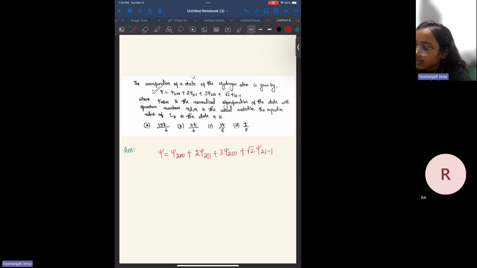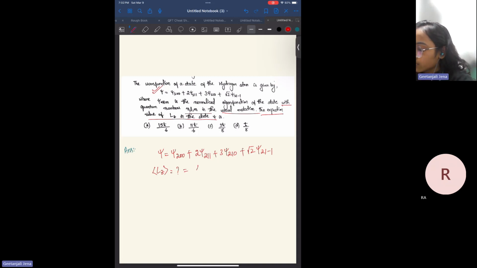And it is given that psi NLM is the normalized eigenfunction of the state with quantum numbers n, l, m in the usual notation. Now it is asking about the expectation value of Lz in the state psi.